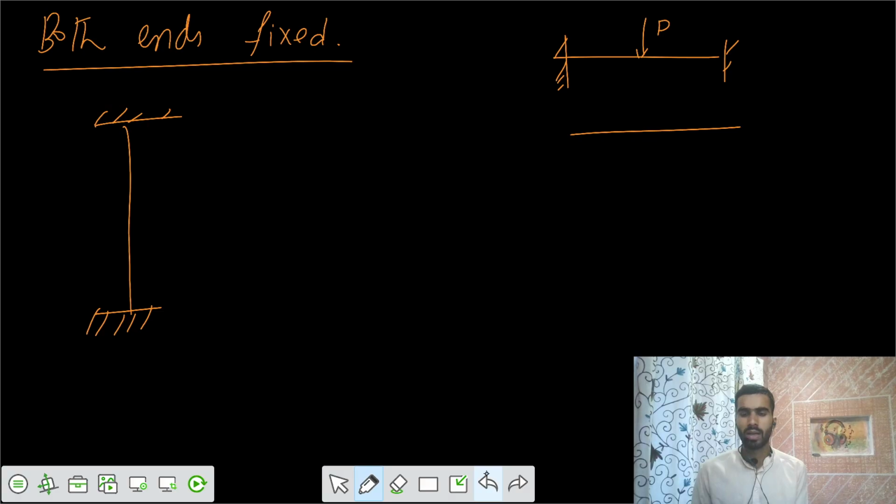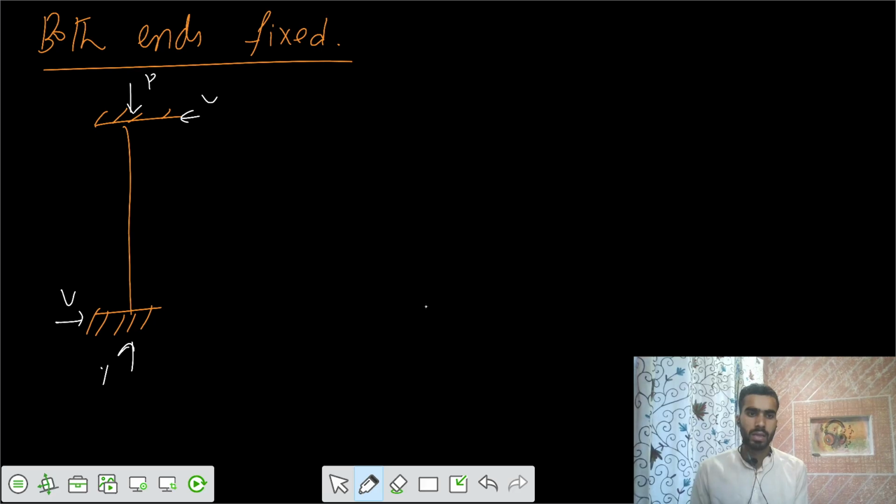Not shear force is 0, we say now you apply load here. In this case, there's some load, and there might be some shear force V, and there is some moment developed M. Let's say there's some moment of M.